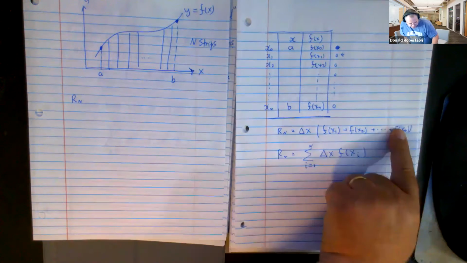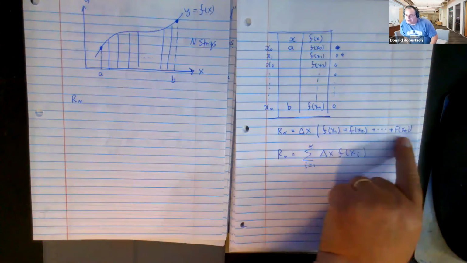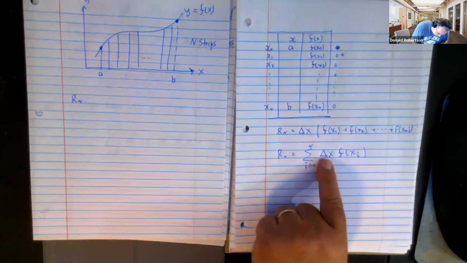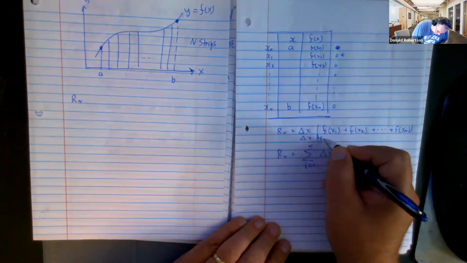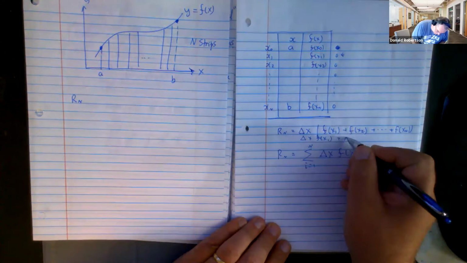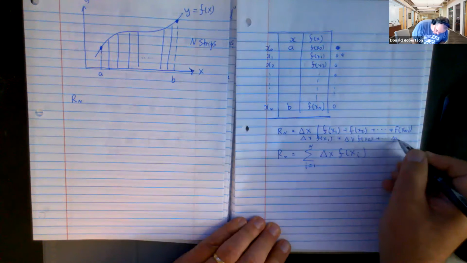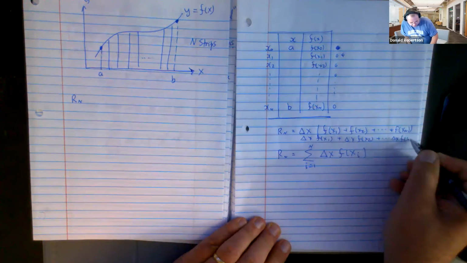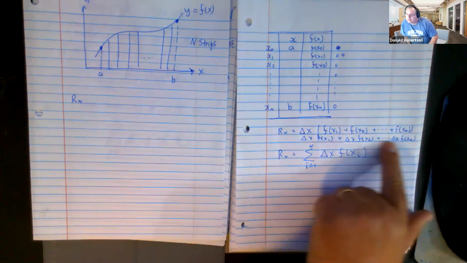First thing I've done is, do you notice that all those delta x's, couldn't I distribute them back together again? So I could have written this down as delta x f of x1 plus delta x f of x2, and then finish with delta x f of xn. Right. Are you comfortable that this sigma notation is the exact same thing as this linear expression? We're good with that?